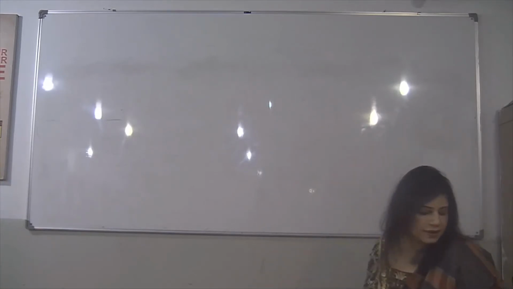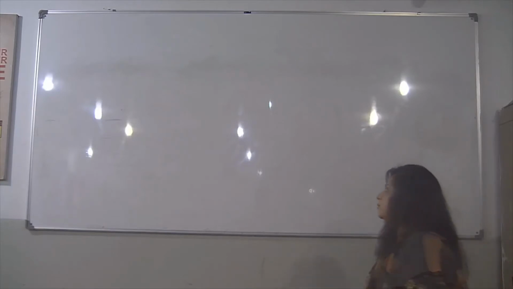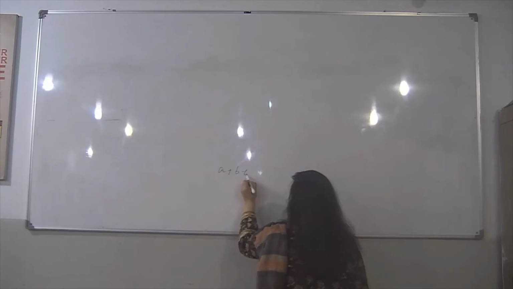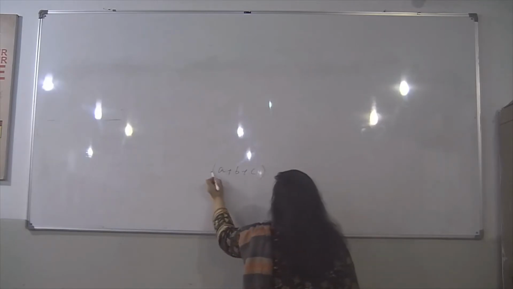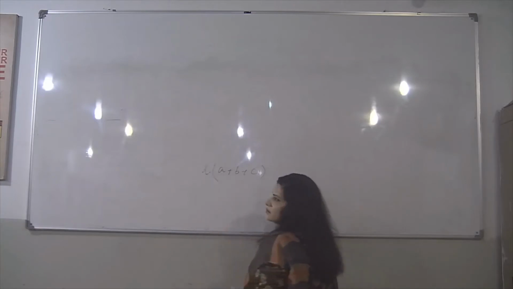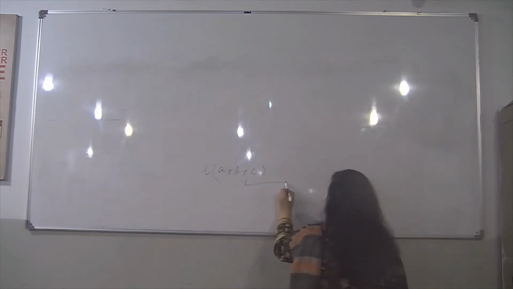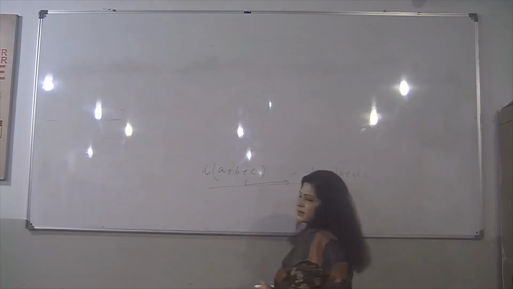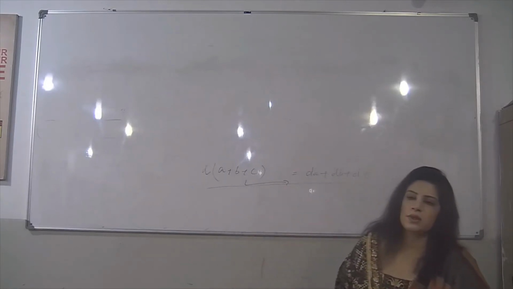Oh yeah, one property that I forgot to tell you was the distributive one. Let's suppose I have something like this, and I multiply d with this. This would result in dA plus d into b plus d into c. So this is basically the distributive property of matrices, and it holds true for this as well.